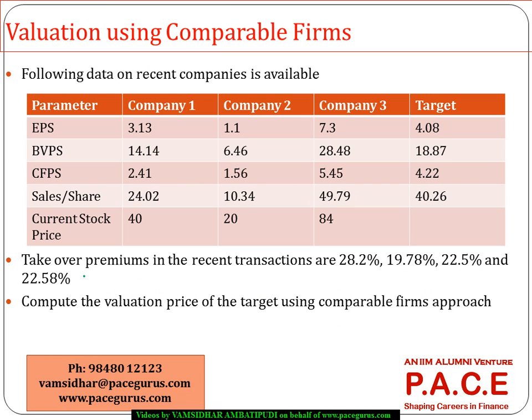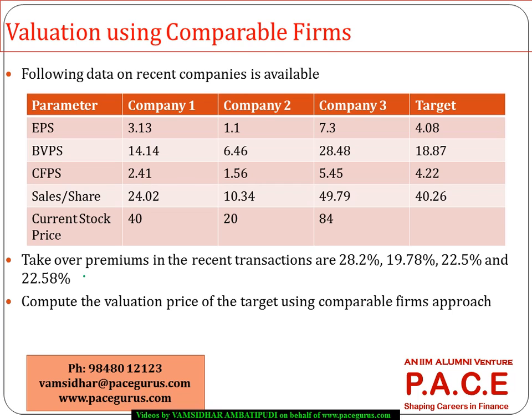Now the next mechanism that we are using to find out the value of the merger is using a comparable firm, right? Probably I'm not estimating any of the free cash flows or not preparing any of the futuristic financial statements or anything like that. I'm just looking at some comparables.